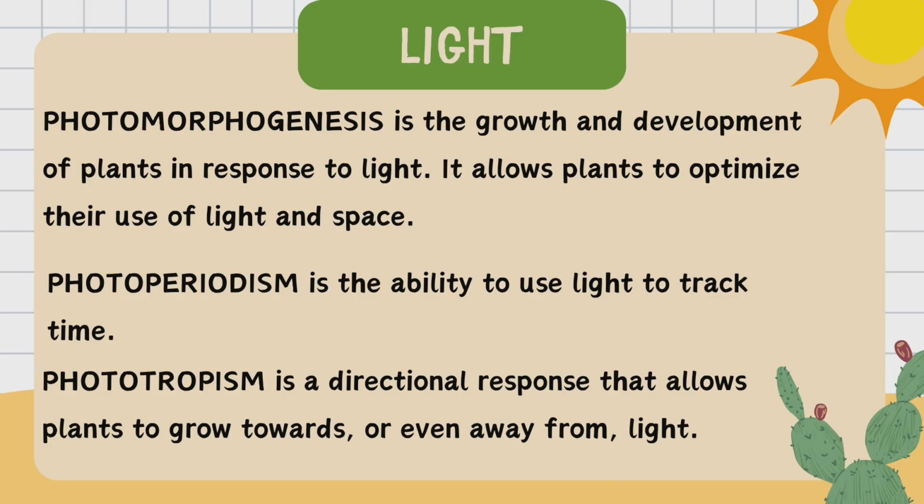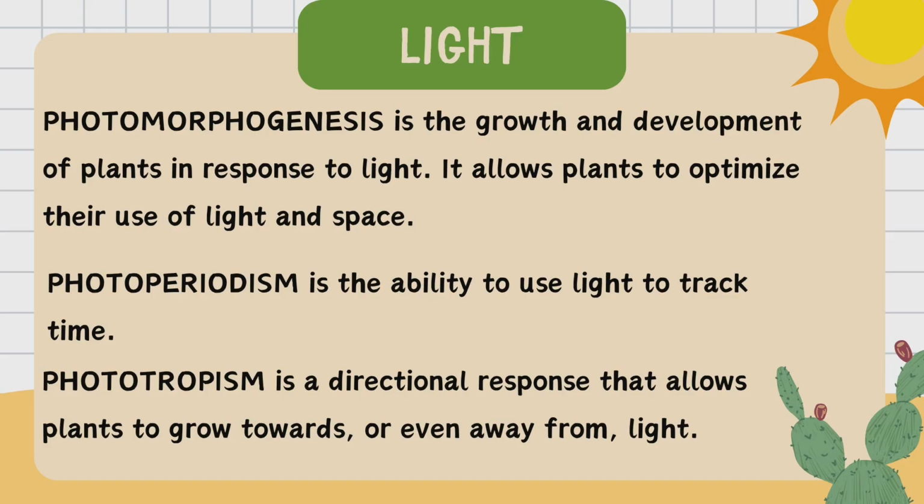The next term is photoperiodism. Photoperiodism also involves cells containing photoreceptor proteins, mainly found in plants. These cells detect changes in the length of day and night through photoreceptors like phytochromes.